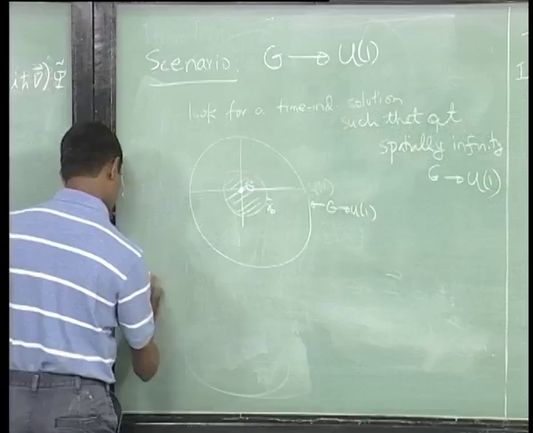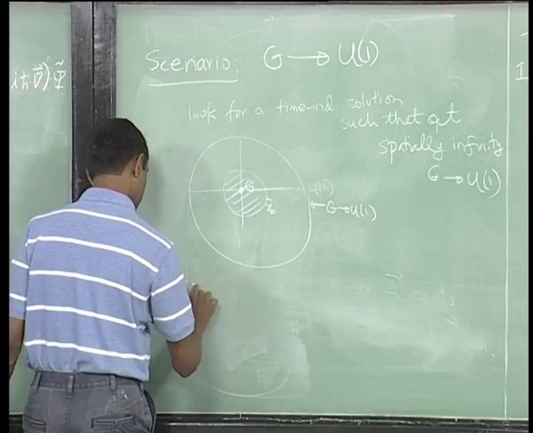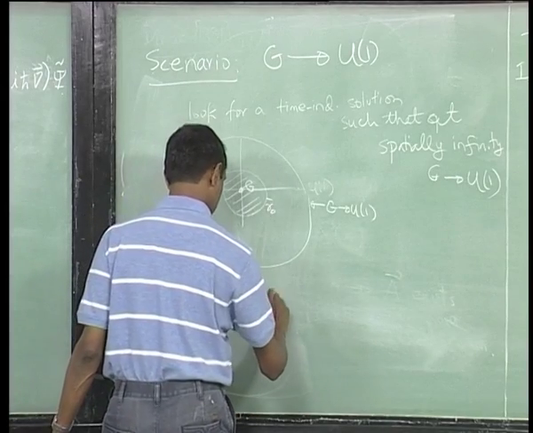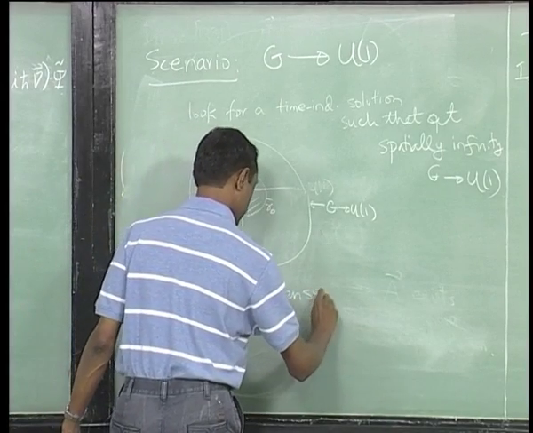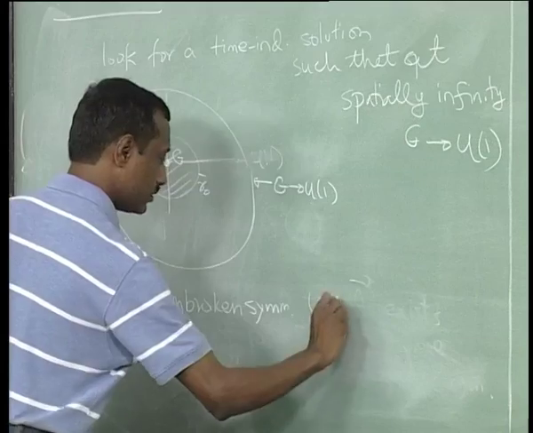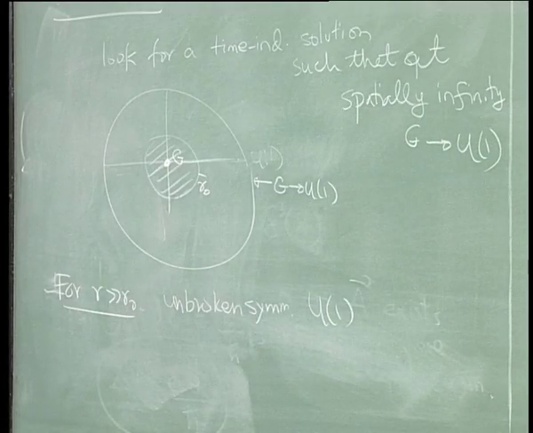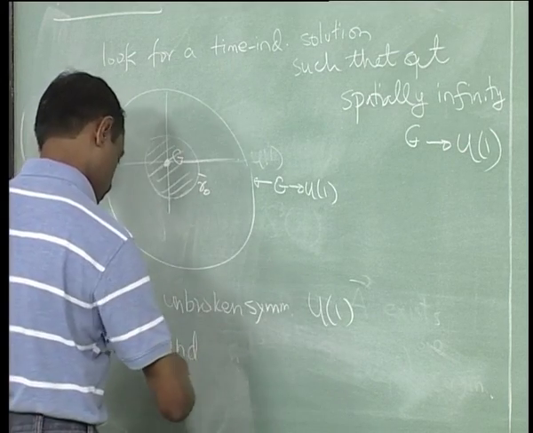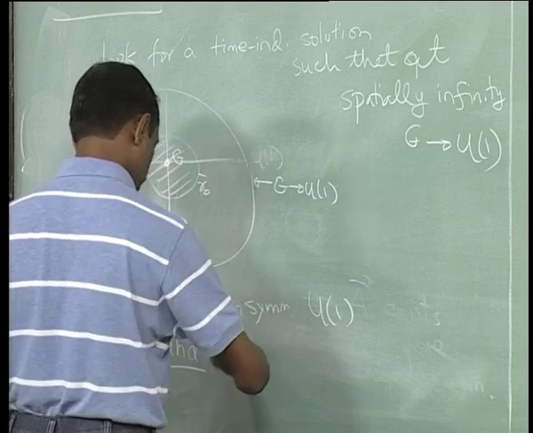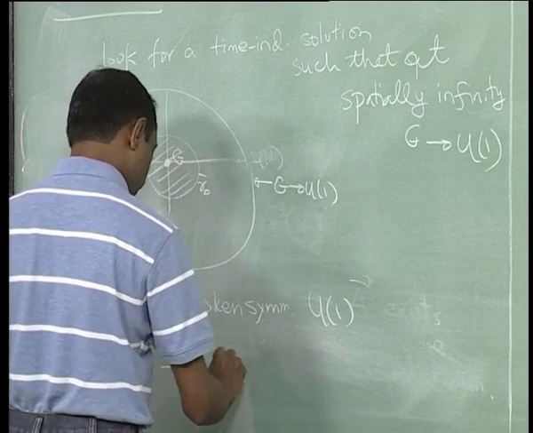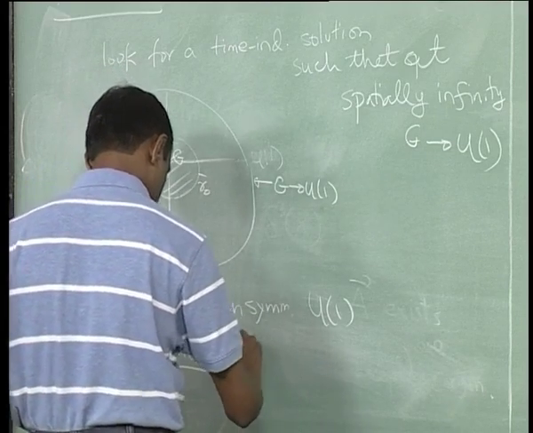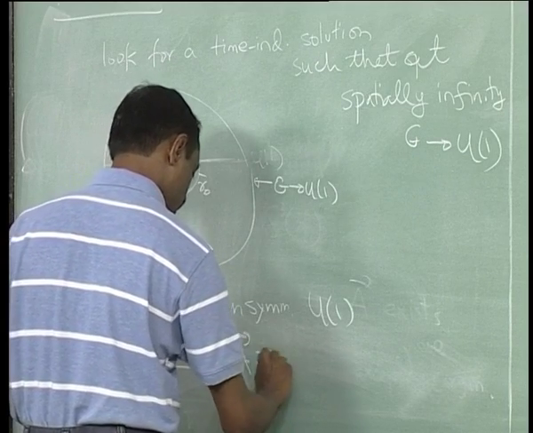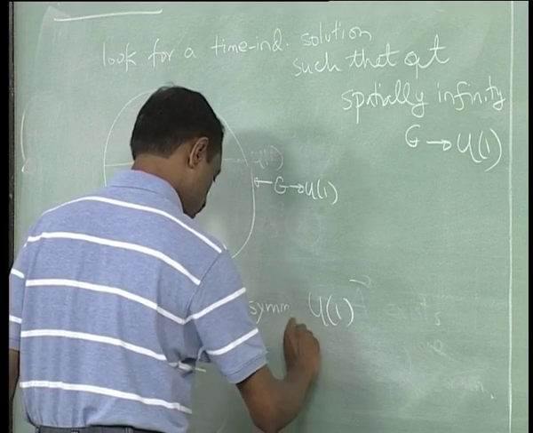So, for R greater than R naught, the unbroken or massless symmetry is U1, and the configuration A agrees with A for a Dirac monopole.